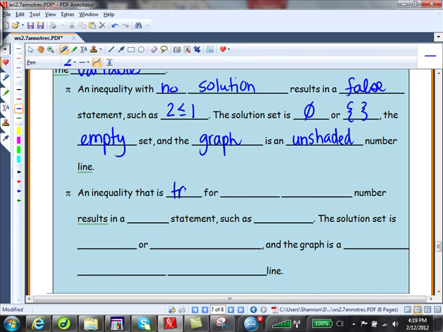An inequality that is true for every real number results in a true statement, such as 0 is less than or equal to 0.